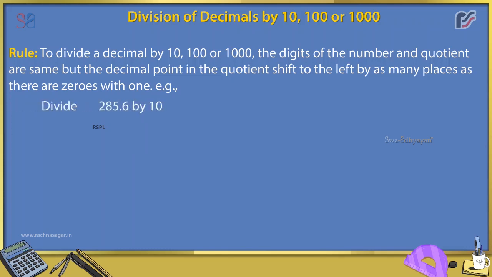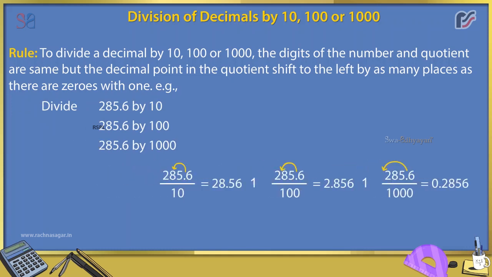Example: divide 285.6 by 10, 285.6 by 100, 285.6 by 1000. 285.6 by 10 is equal to 28.56. 285.6 by 100 is equal to 2.856. 285.6 by 1000 is equal to 0.2856.